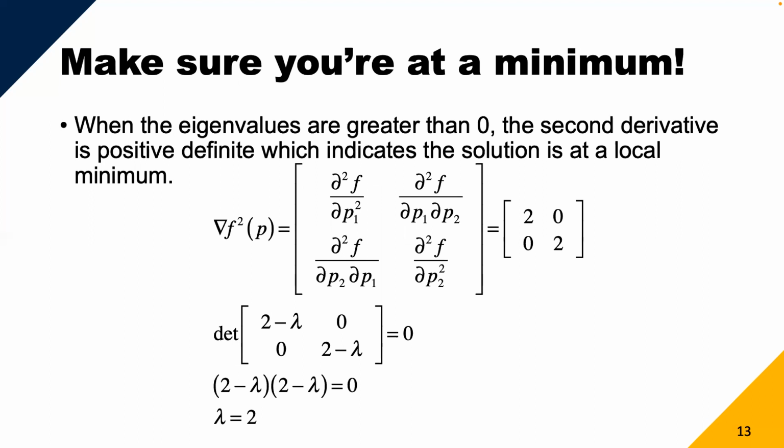So you want to make sure that the eigenvalues are greater than 0, so you take the determinant of your second derivative equation, and you solve for your lambda. And this is greater than 0, so it's positive definite. So the solution's at a local minimum.